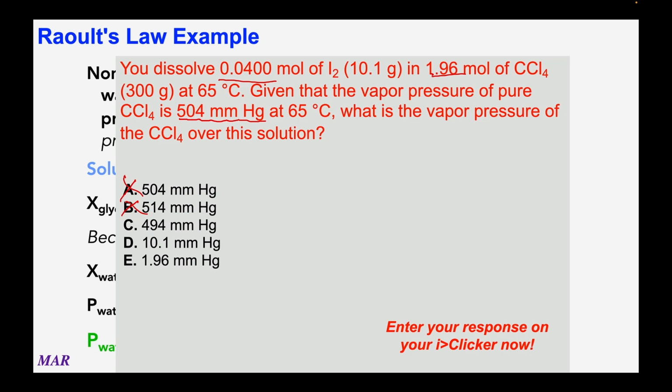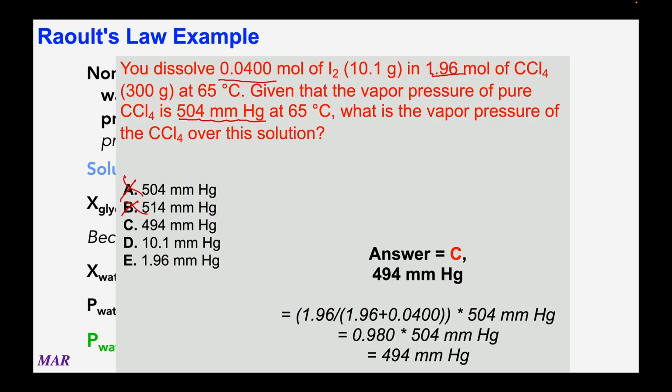It's always going to be a value less than. Now, 10.1 and 1.96 seem pretty small to me, so my money here would be on 494 millimeters of mercury. Do the math to make sure. But if you do that, lo and behold, of course I knew what the answer was. I'm the instructor. But anyway, the answer, sure enough, C, 494 millimeters of mercury.